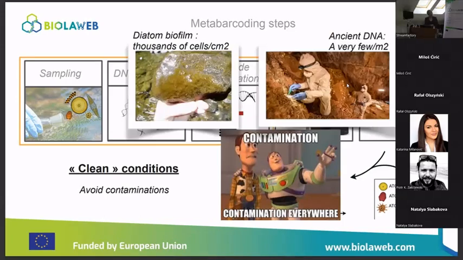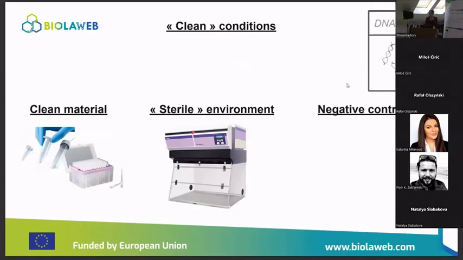You will be more aware of that if you are studying ancient DNA, where you have very little DNA, than studying a diatom biofilm, for instance, where you will have thousands of cells in a very small area. By clean conditions, I mean use clean material for the sampling, and also for the DNA extraction and PCR steps. It's better if they are done in sterile environments, and you will also add a negative control at each step to see whether you have clean reagents that work with your workflow.